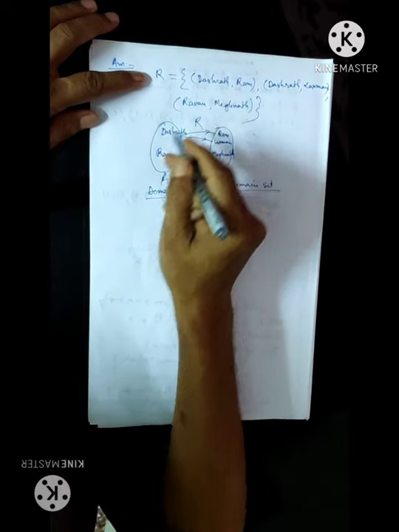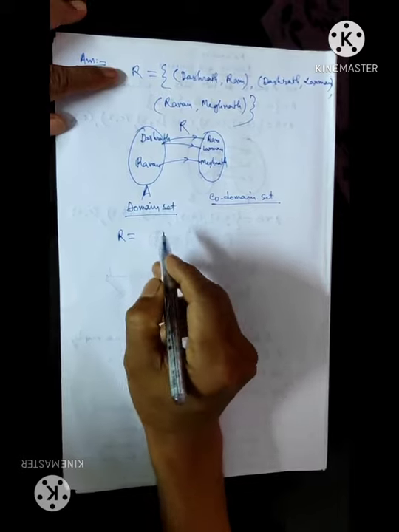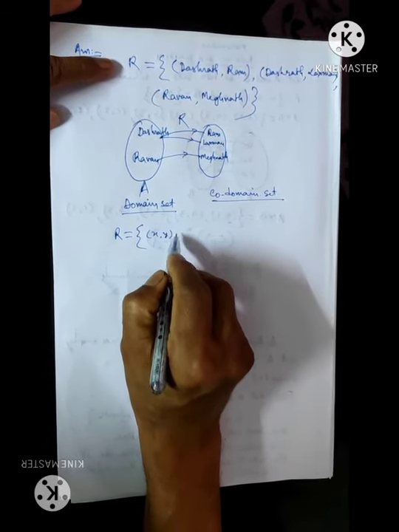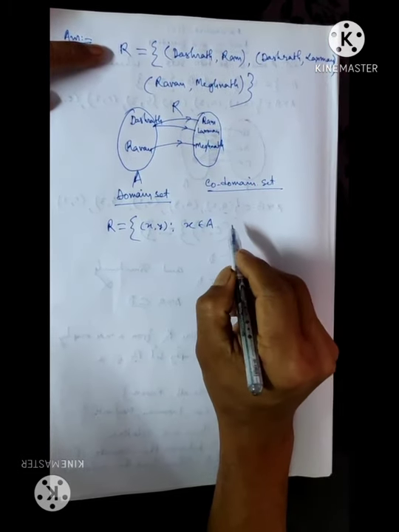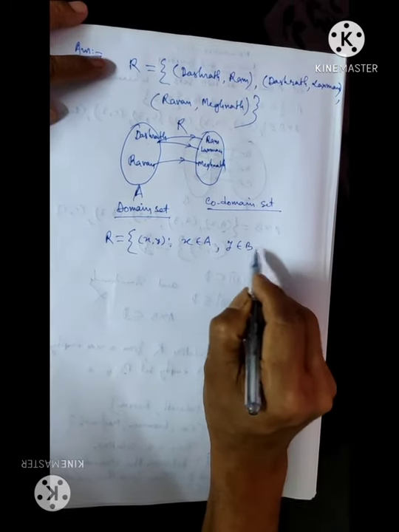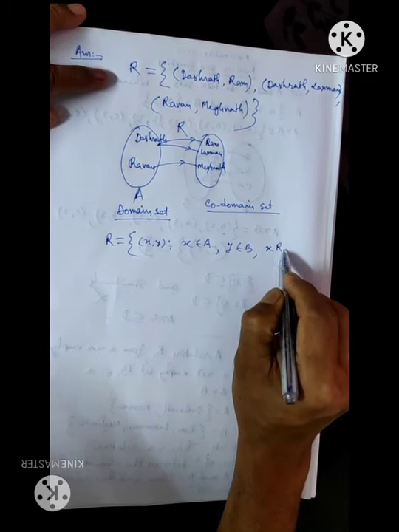These relations we can also write in this way: R is equal to {(x,y) such that x belongs to A and y belongs to B}. This relation we can write as x R y.